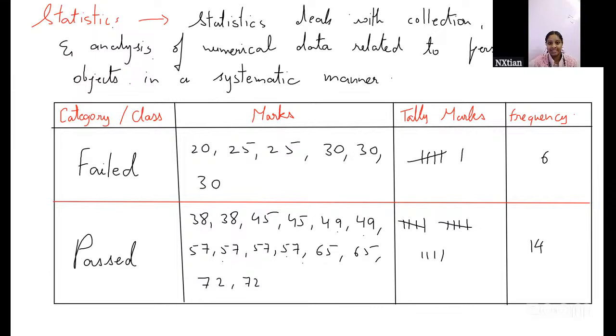That will not be statistics. Statistics will be 'the sales went up by 20% this year' or 'the sales went down by 20% in the previous year'. That is statistics. Why? Because we talk about numbers, numeric figures, mathematical figures. We don't talk about quality. We talk about quantity.